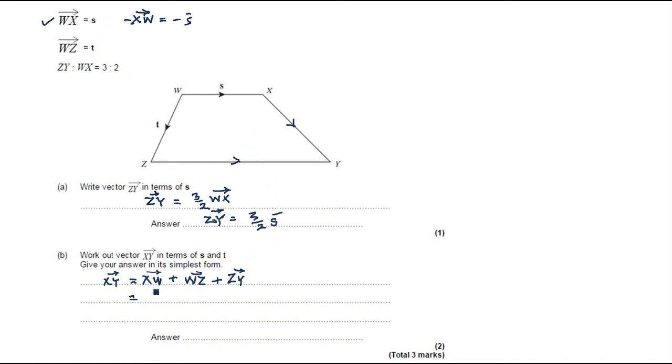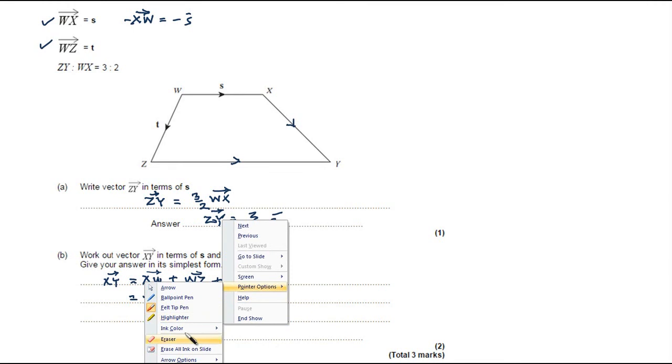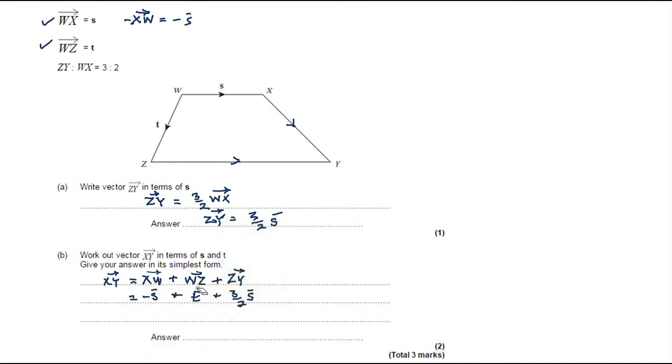So going back to here, we've now got what we need. We've got XW as negative S. We've got WZ up here, which is T. So plus T. And we just worked out ZY, so 3/2 S. Let's just make that line a little clearer.